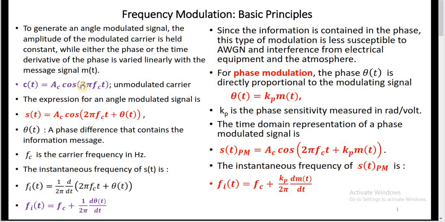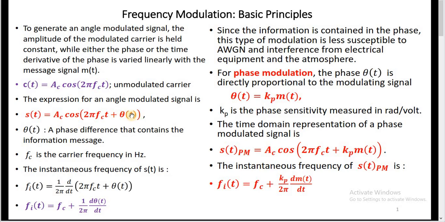So in this type of modulation, we will add a term augmented with 2 pi fc t that carries the information pertaining to the message signal. So the expression for an angle modulated signal is s of t equal Ac cosine 2 pi fc t plus theta of t.